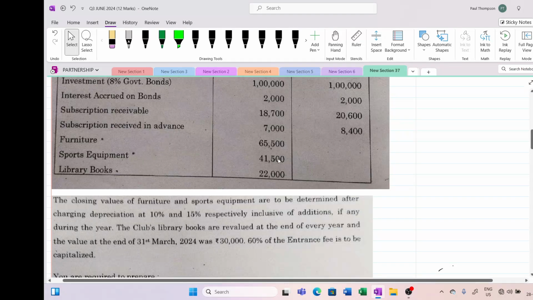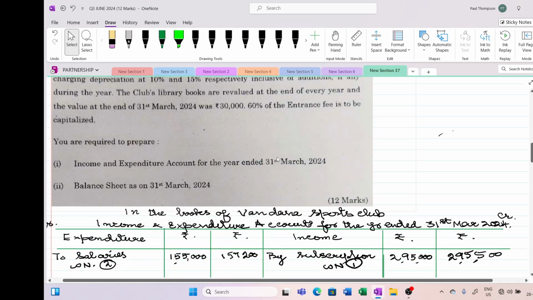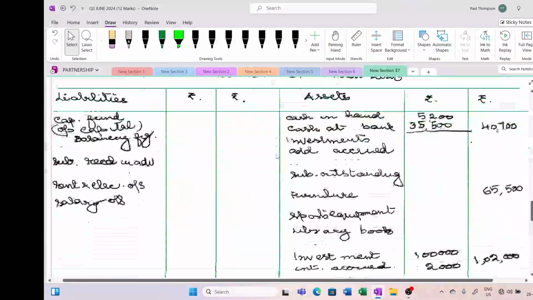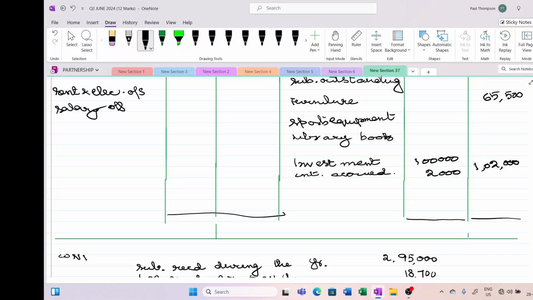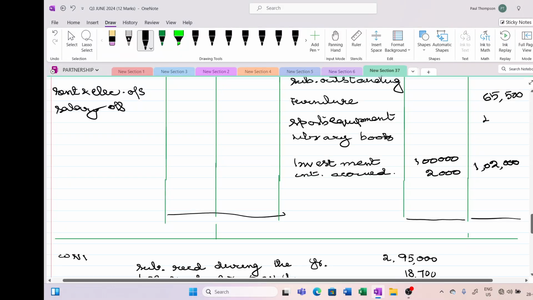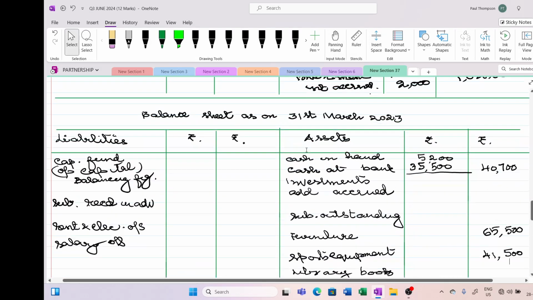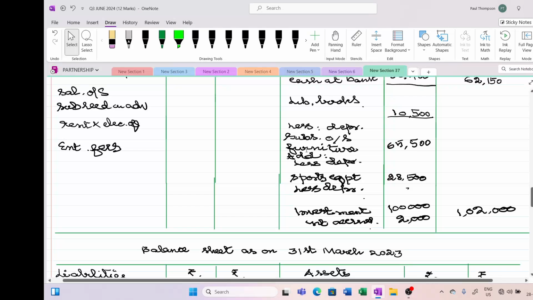Now moving on to sports equipment. Old balance was 41,500. Let us see anything is purchased this year. We have to add, because this opening is also available right now also.